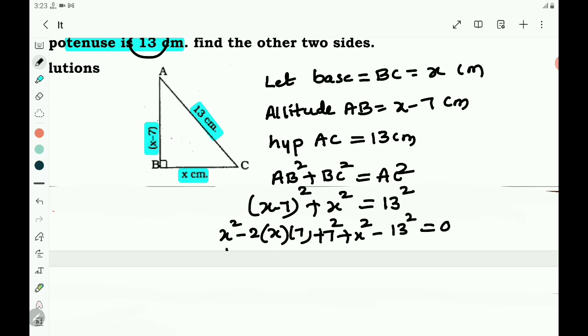Then x square plus x square becomes 2x square, minus 2 into 7, 14x, plus 7 square, 49, minus 13 square. This x square is added with this x square and taken as 2x square, and 7 square is 49. 13 square is 13 into 13, 169, equals 0.